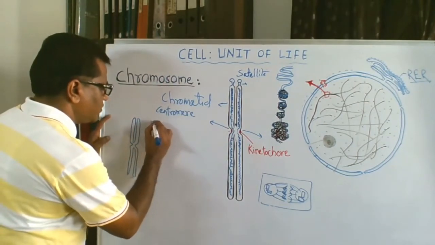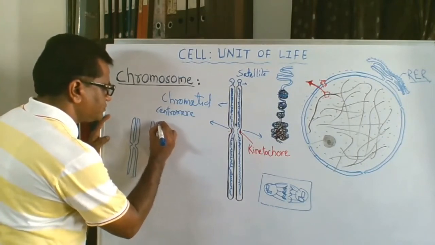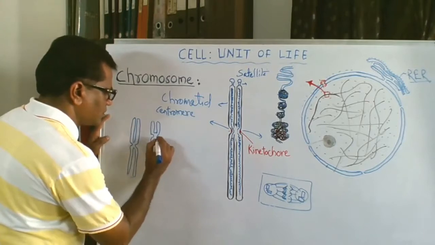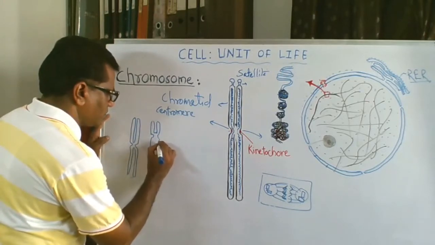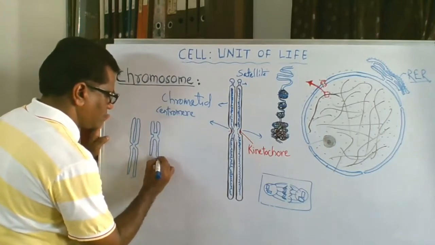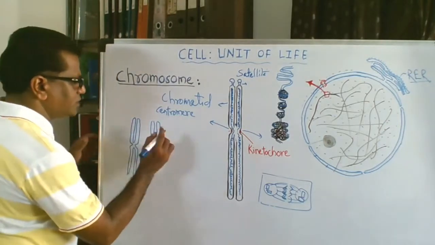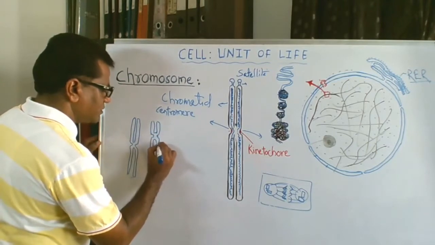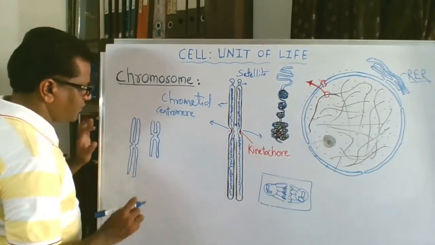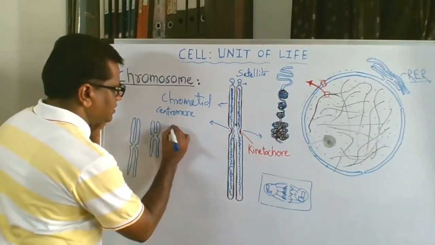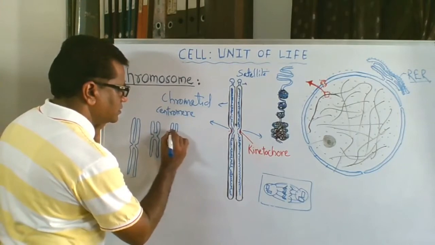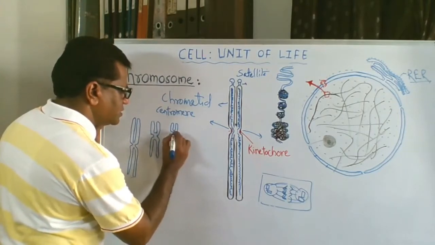This is another chromosome where the centromere is not at the center. It is slightly away from the center. This is a third, where the centromere is present.